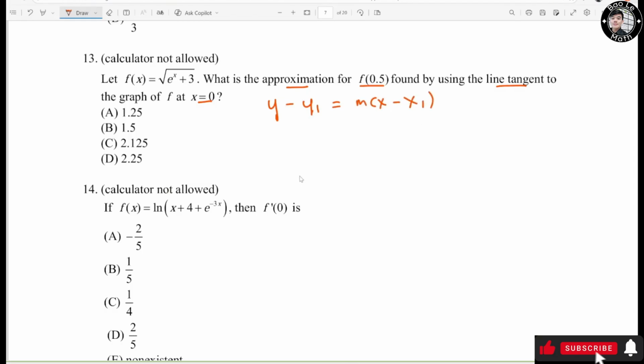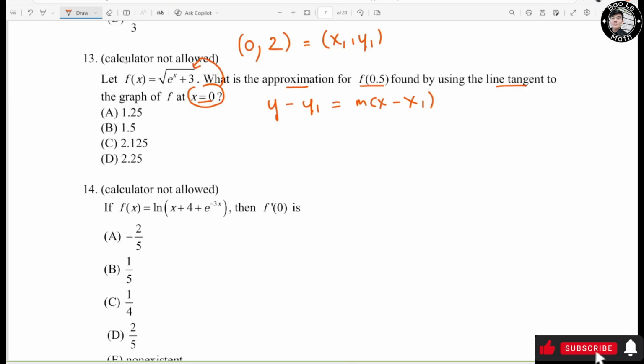Substitute 0 for s to find y1. So we have 0 comma, e to the 0 is 1, 1 plus 3 equals 4, square root of 4 equals 2. So this is s1, y1.